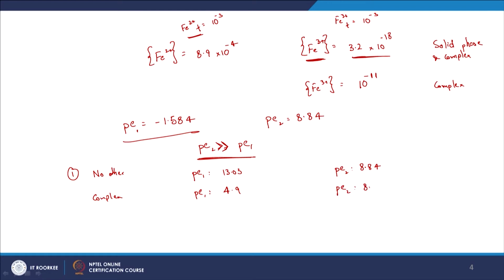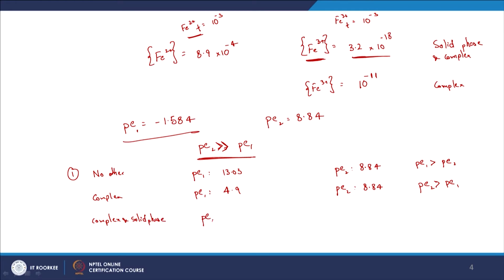And here we can observe that PE1 was greater than PE2, and here PE2 is greater than PE1.